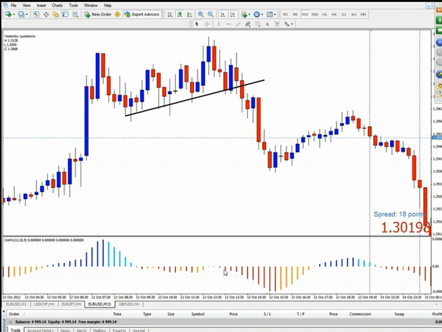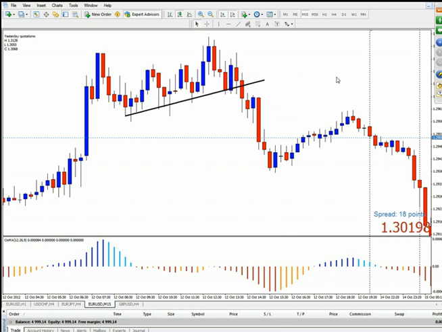Just because it says on the OSMA that it looks like it's getting weaker doesn't mean it's going to go lower. It could have gone right back up again and took out your stop. So that's why when you would have waited for the candle to close nicely below this trend line, you knew that it was much safer to enter here than it was up here.